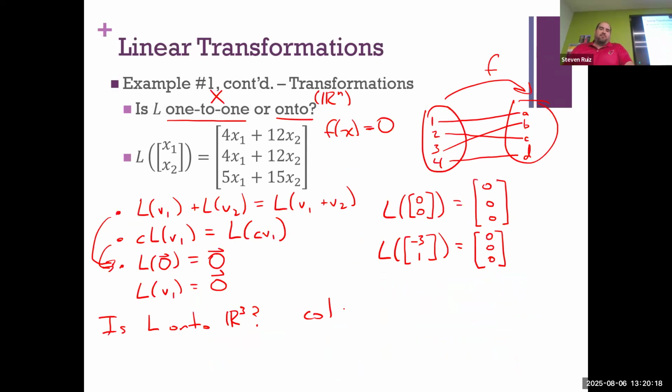The column space we found for A is 4, 4, 5. That single column. Is that a basis for R3? How do we know? There are actually lots of ways to prove that that's not a basis for R3. We are correct that it's not a basis for R3, but let's talk about how we can know that for sure.